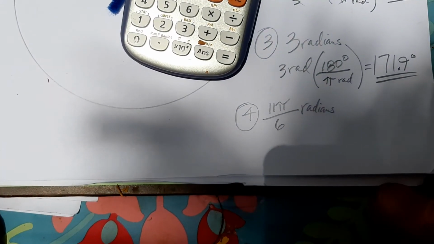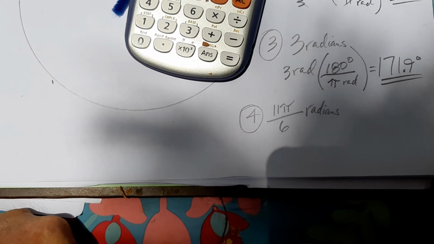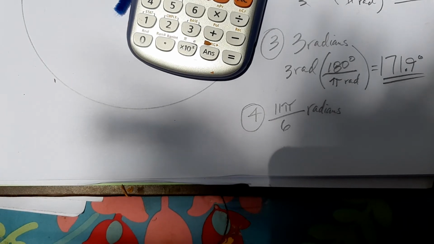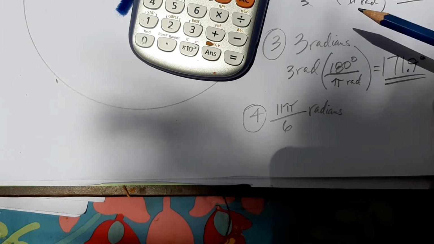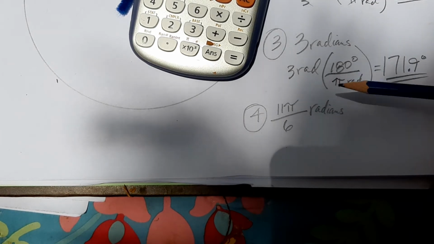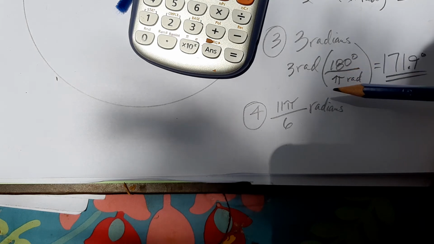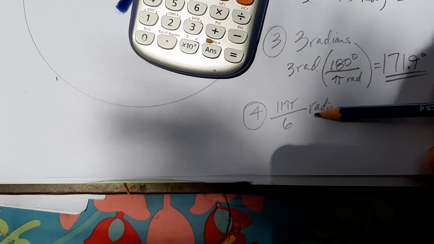And I threw a stumper in here this time, but see if you can just kind of figure it out. Do you remember what pi over 6 radians is? Pi over 3 radians, like we just did, is 60 degrees. So pi over 6 radians has to be half of 60 degrees, which is 30 degrees.